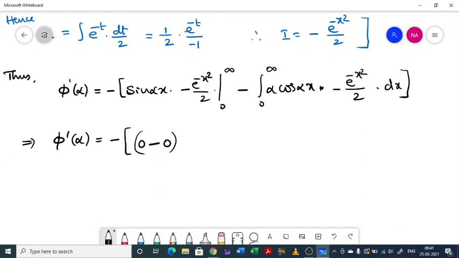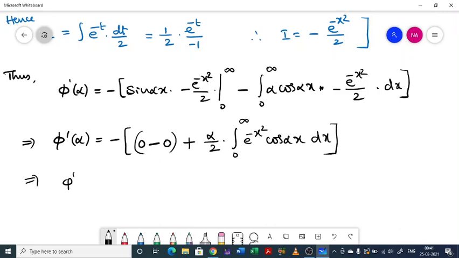Here minus into minus you have plus, 1 by 2 you can take, yes, alpha by 2 you can take outside, alpha by 2 into integral 0 to infinity e power minus x square cos alpha x dx. So this will be phi dash of alpha equal to minus alpha by 2 into integral 0 to infinity e power minus x square cos alpha x dx.